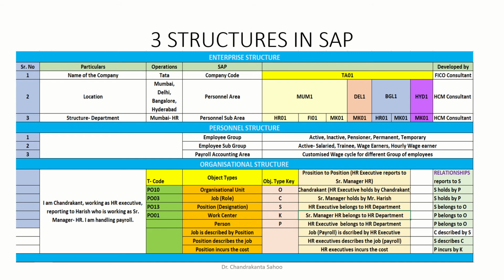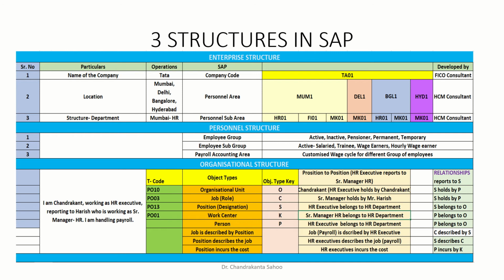Tata has been using this, but suppose a new company wants to use this product. How can the configuration be done? The company can do the configurations at its own end or through a consultant, whatever it may be.